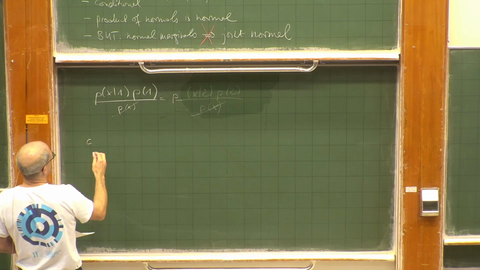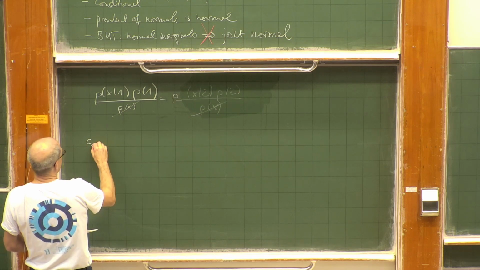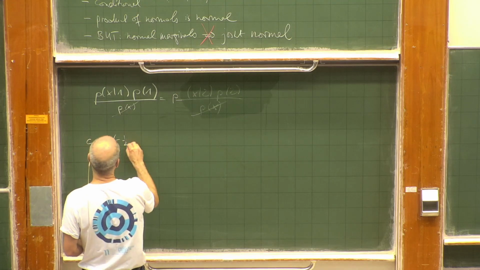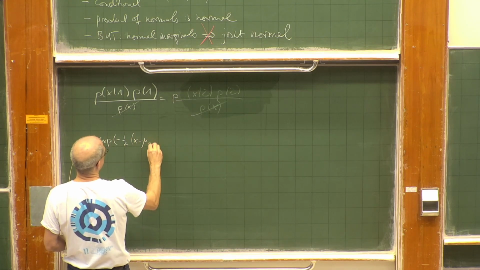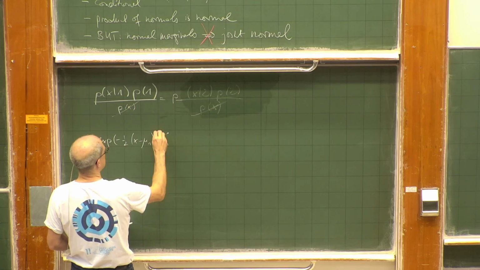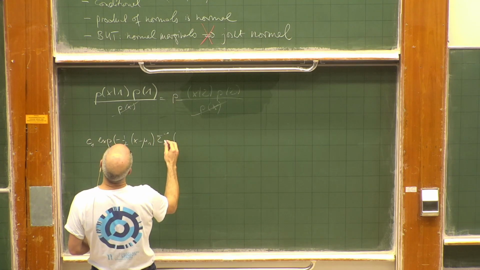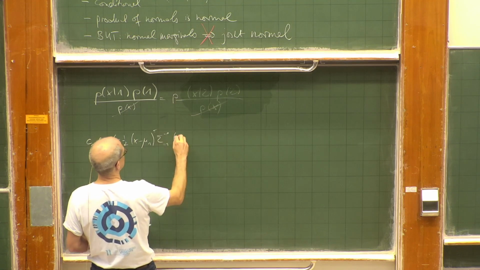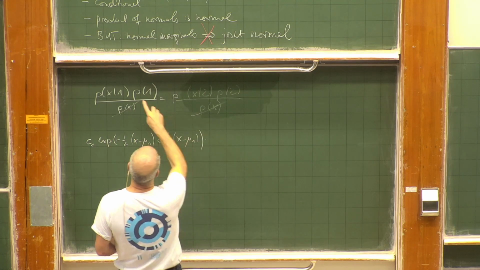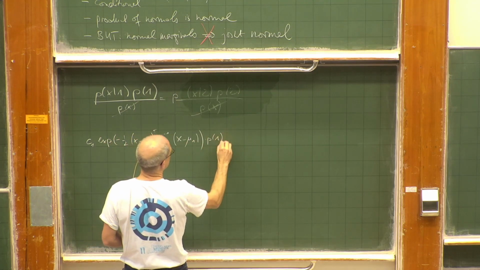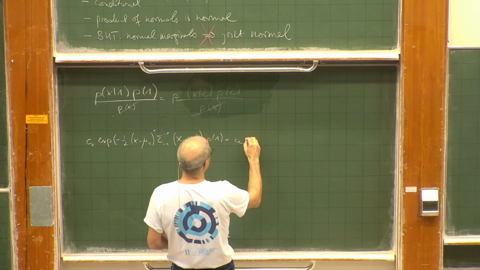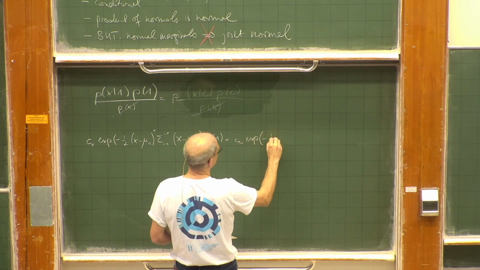This is my normalization constant times the prior, and a very similar looking expression on the other side.